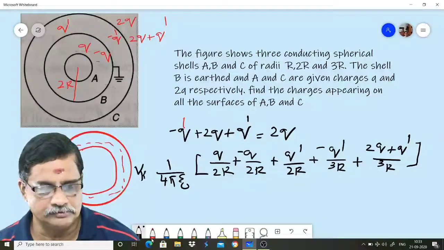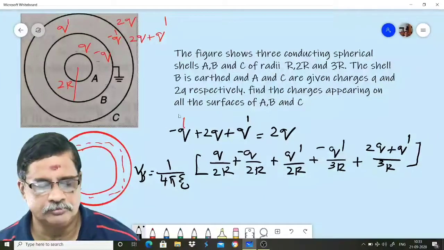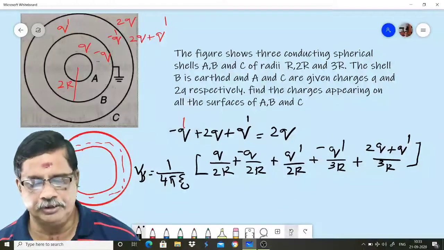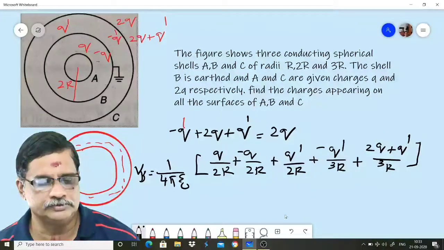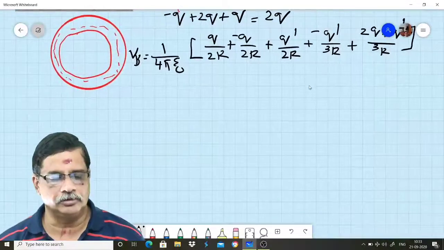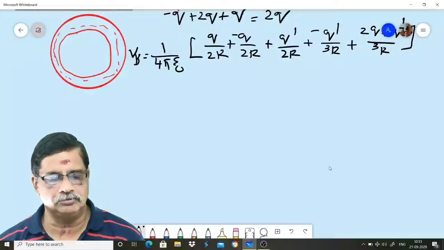Now we know that since this is earthed, the potential on the surface of B should be 0 because it is an earthed conductor. So this VB should be 0. So let us write VB equal to 0.